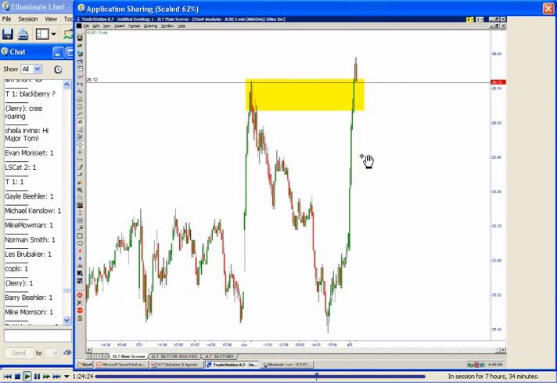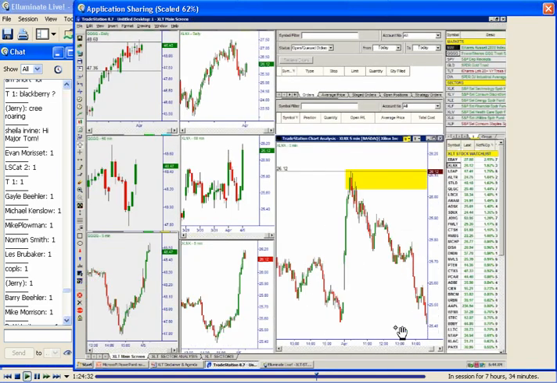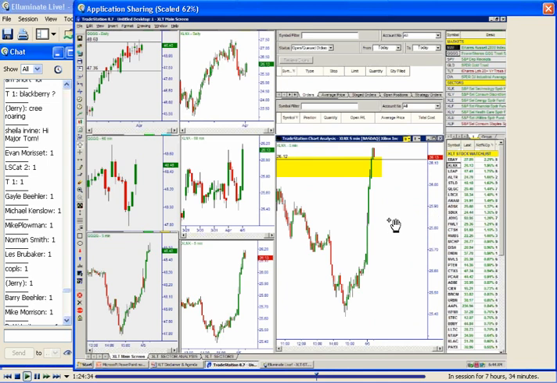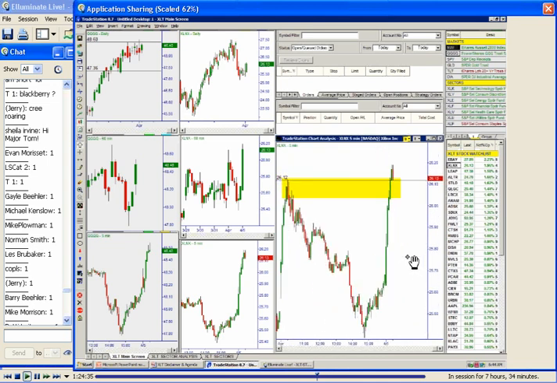Very nice arrival on that one as well. Okay, you can see over here the Qs, we're getting another topping tail here. That's exactly what we want to see. So far so good.